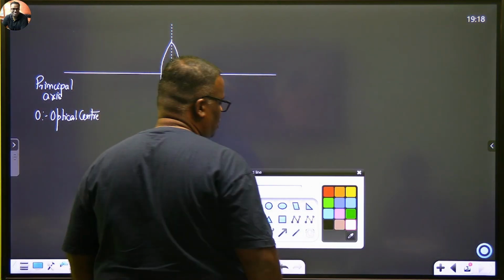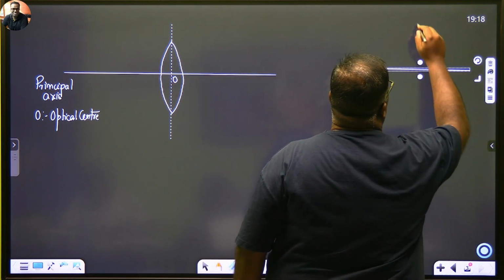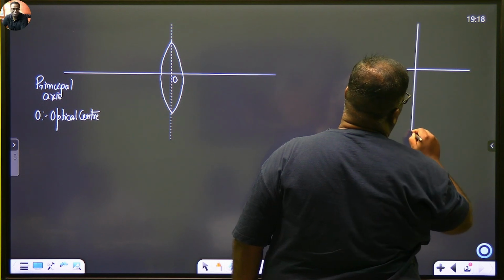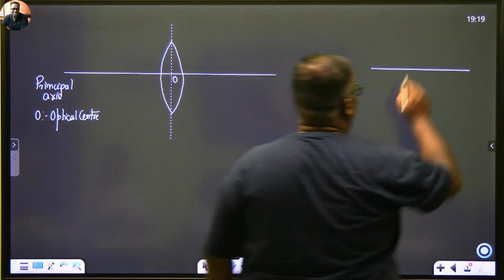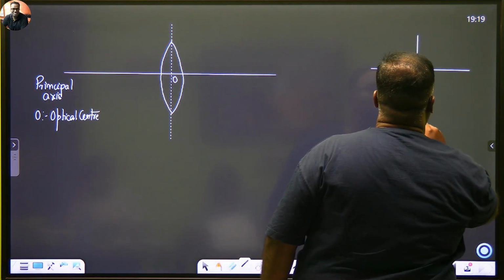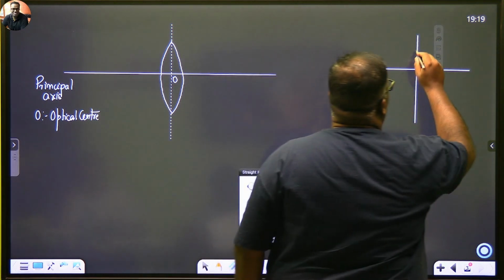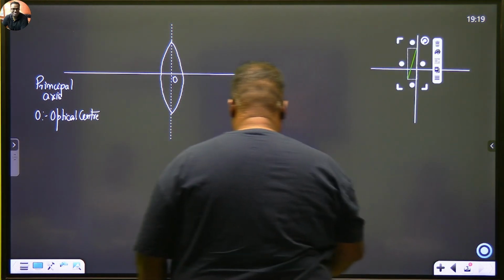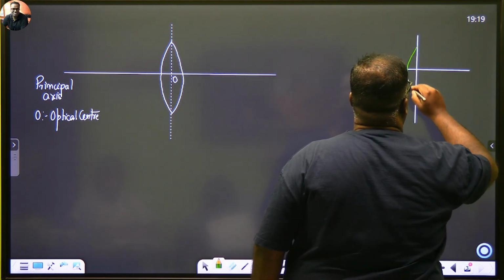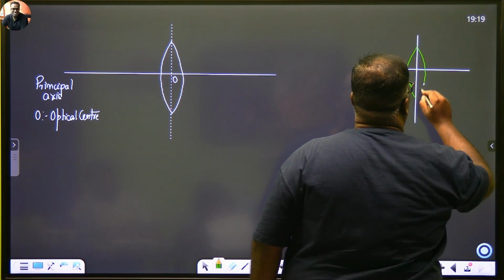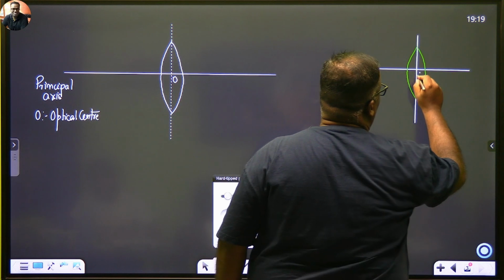Though you don't have any numericals to solve, the convention is something like a Cartesian coordinate system, and the lens is always placed in such a way that the optical center is at the origin.